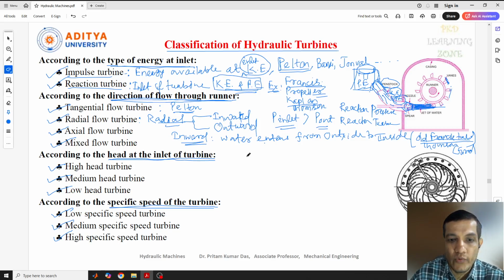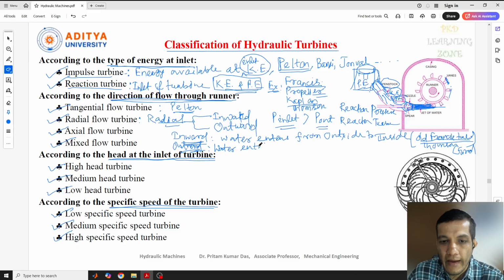Similarly, the next one is outward radial flow. The outward radial flow is opposite to this one. So here, the water enters at the center.